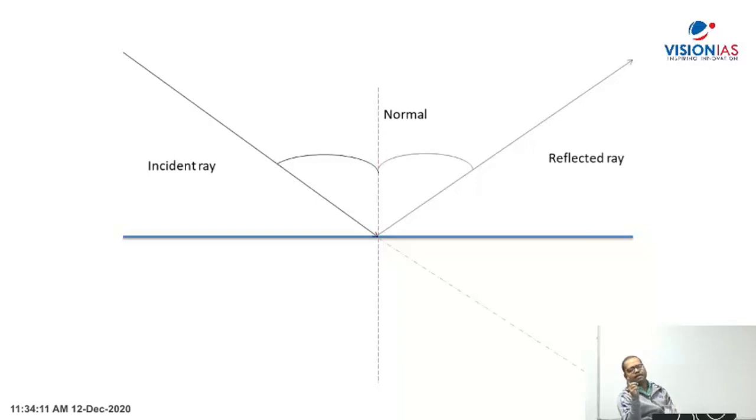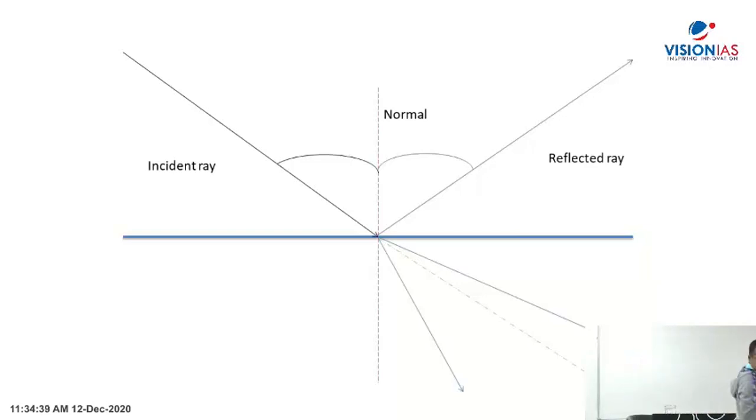Definitely light will not travel through the same path it was coming. Why? Because the density of the medium will not be the same. If density of both mediums is not the same, there will be a slight difference. So either light can bend rightward or light can bend leftward.